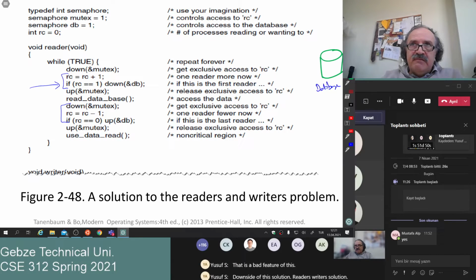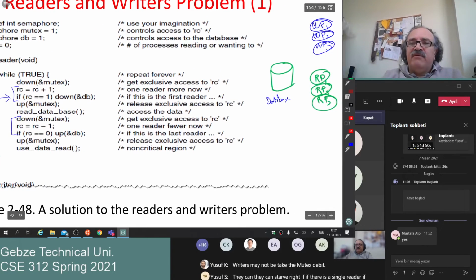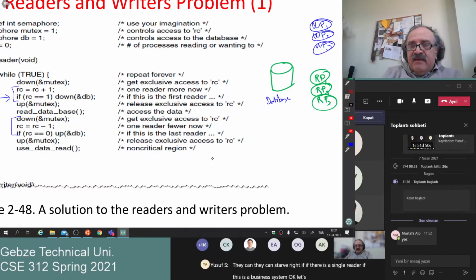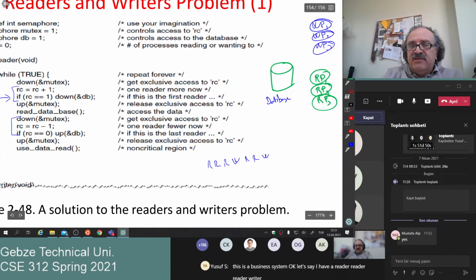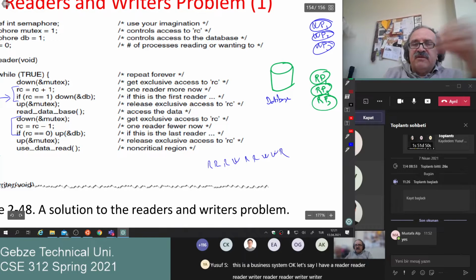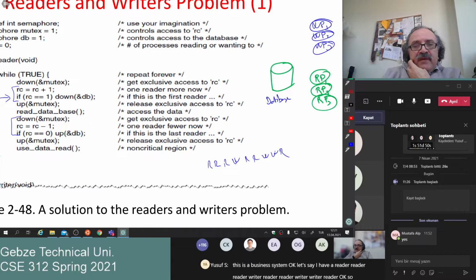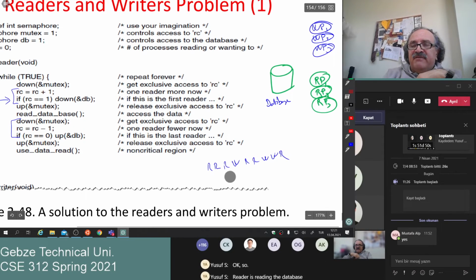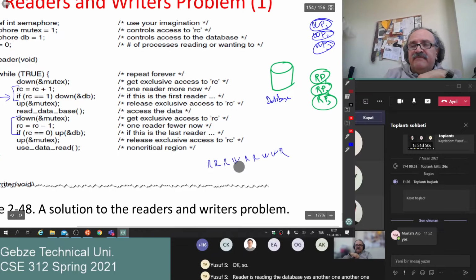Writers may not take the mutex. Yeah, they can starve, right? If this is a busy system, let's say I have a reader, a writer, a writer, a reader. A reader is reading the database, then another one, and the writer has to wait.